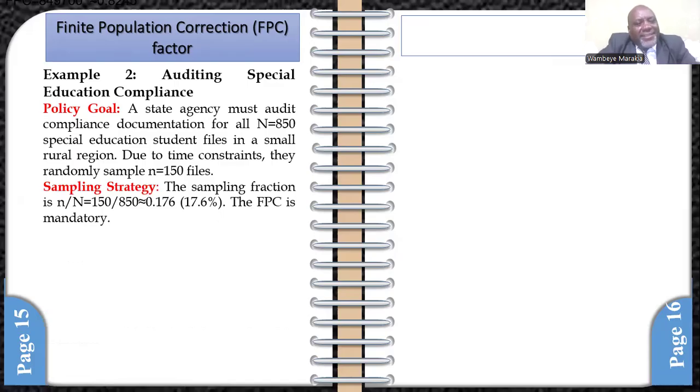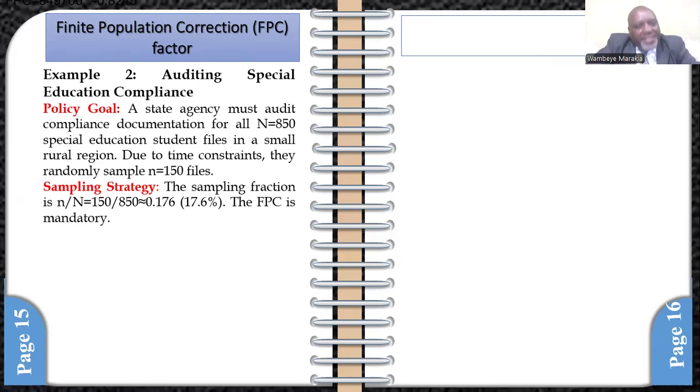Then when you look at the sampling strategy, you look at the sample and the population. When you want to get the fraction to see whether we can apply the finite population correction, you take the sample over the population, you get 0.176. Multiplied by 100, you get 17.6%.